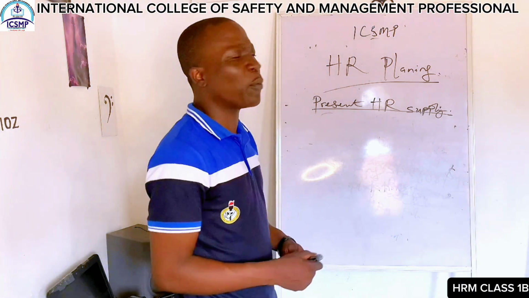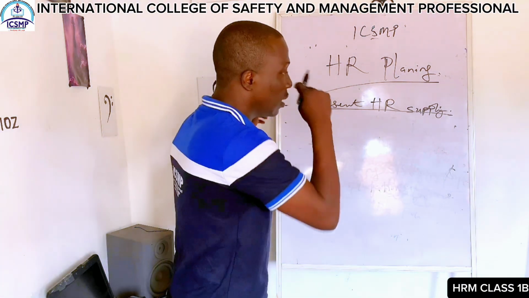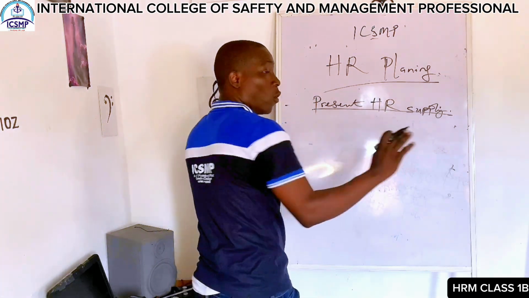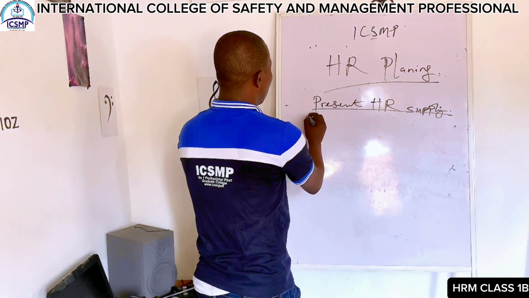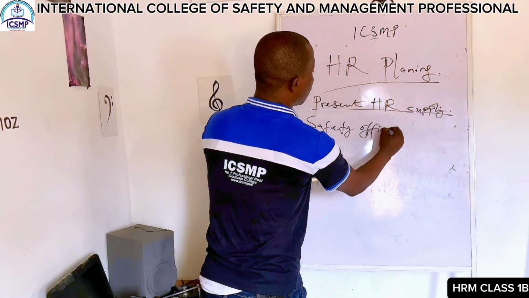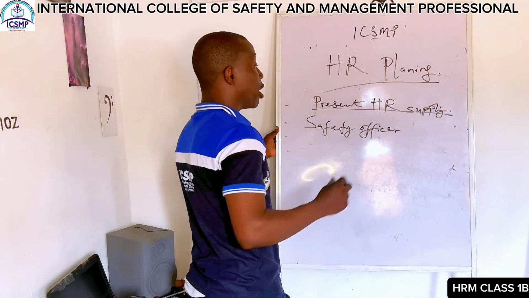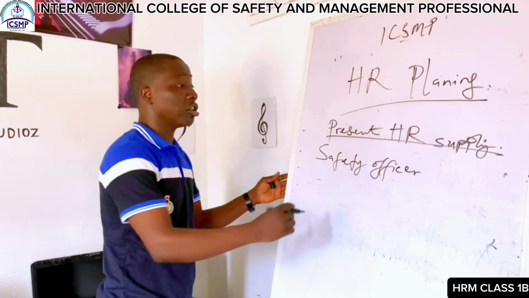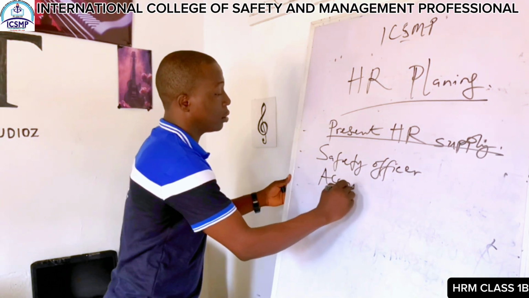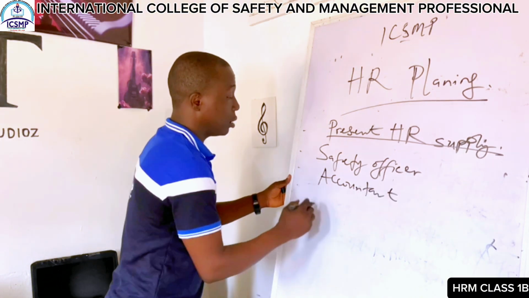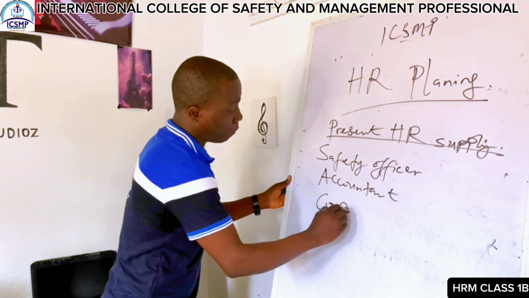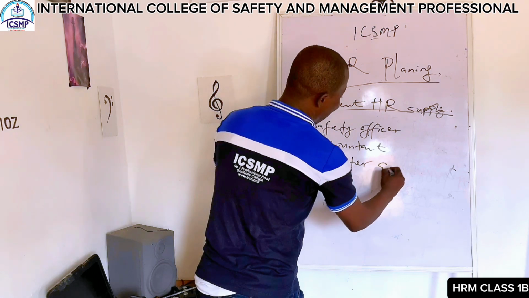Now, take for example, in an organization, let's say you want to recruit for the following positions. You want to recruit for the position of safety officer. You are recruiting for the position of an accountant, a computer engineer.